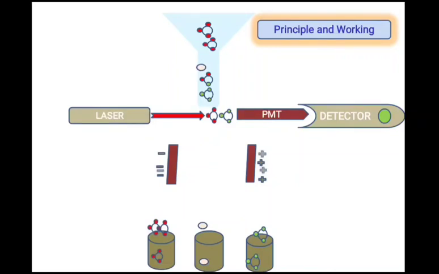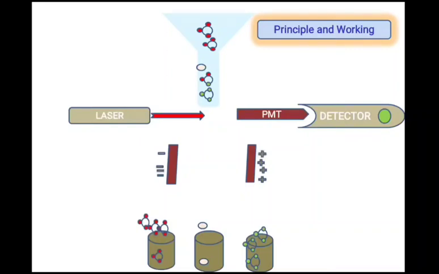So when the cell has a specific antibody attached with a tag on its surface, it is deflected differently and sorted. So at the end of this experiment, we will get cells sorted based on the different antigens present on the surface.